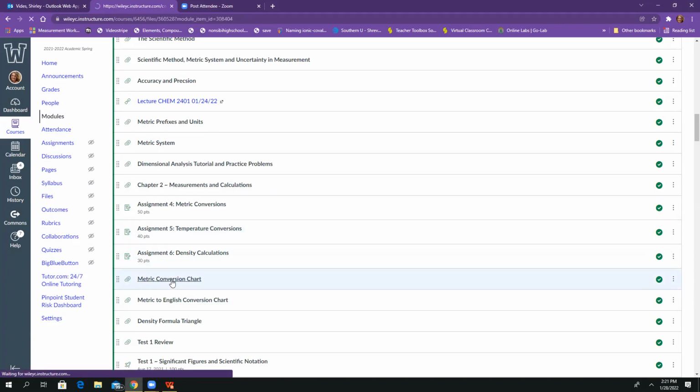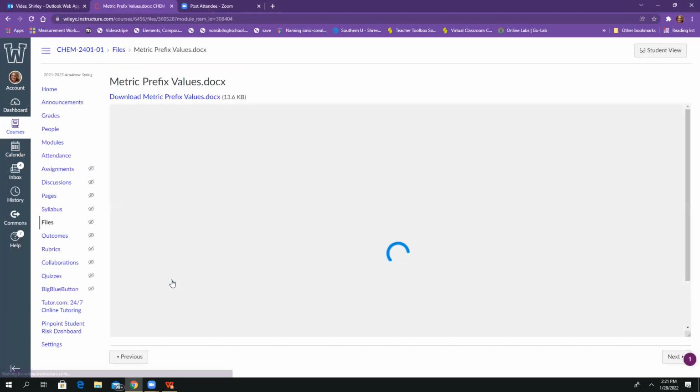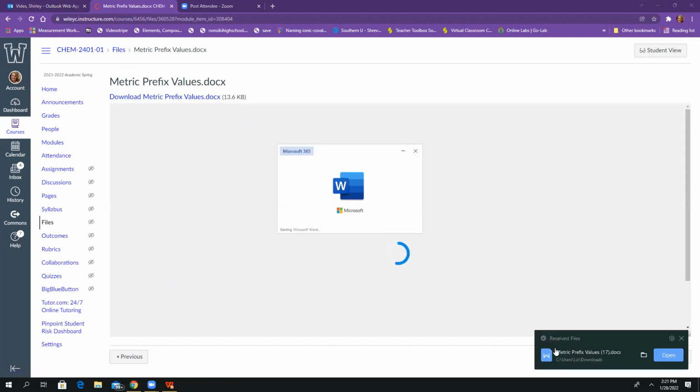The metric conversion chart is what I call the ladder, because it's like a ladder. You have rungs, and some of the rungs are empty. Maybe I should just download it, because this is taking way too long. Okay, there we go.